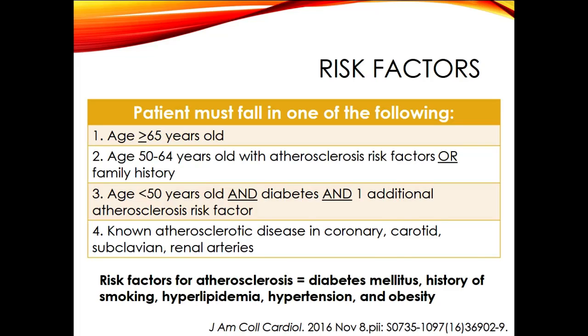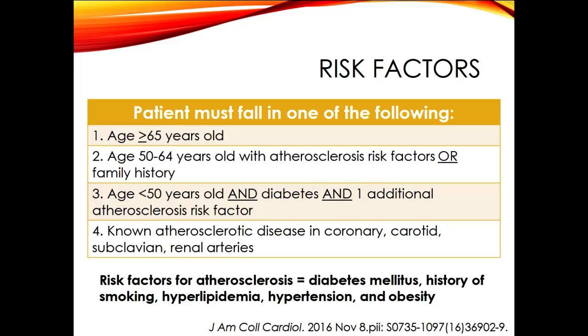The risk factors for PAD are similar to those of the atherosclerotic vascular diseases. According to the American Heart Association, AHA, and the American College of Cardiology, ACC, the risk factors for PAD can be broken up roughly into three categories: age, known atherosclerotic disease elsewhere, and having risk factors for atherosclerosis.